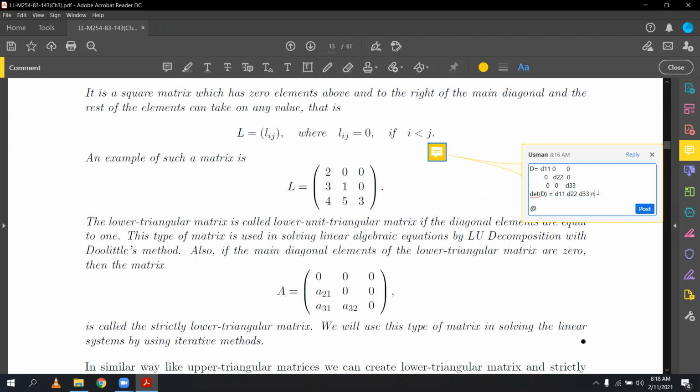You remember the determinant. It's not equal to 0, so it's not singular. It is non-singular, right?